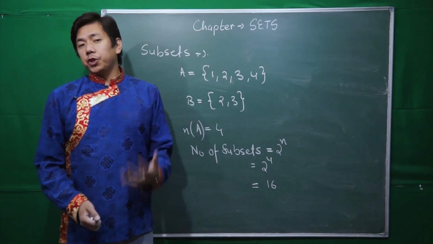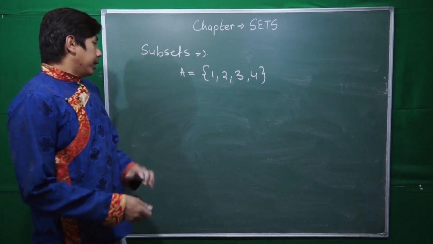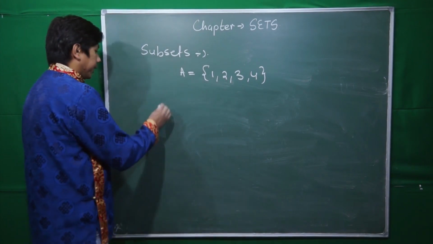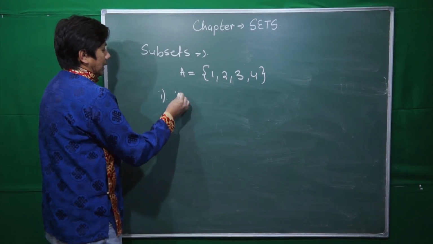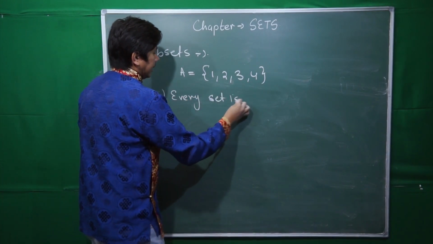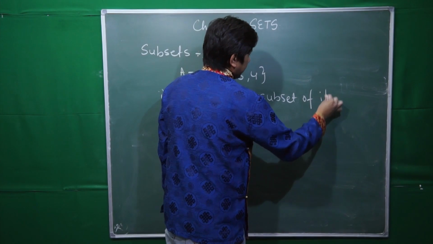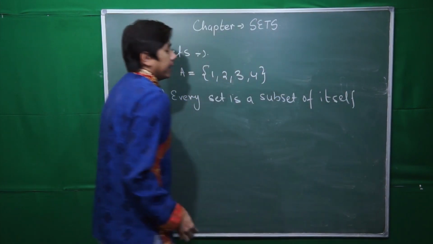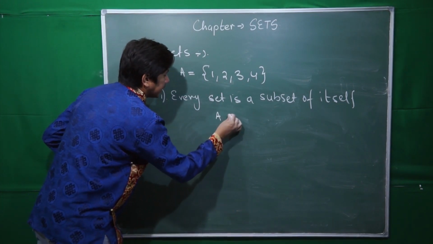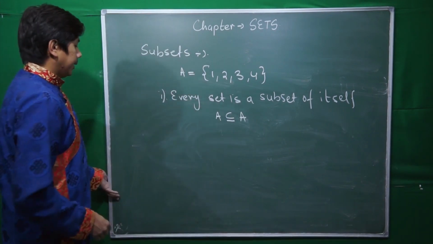Okay. Now, the question is how? To begin with, we need to know certain properties of subsets. The first property: every set is a subset of itself. So for this set A, that implies A is a subset of A itself. Simple.